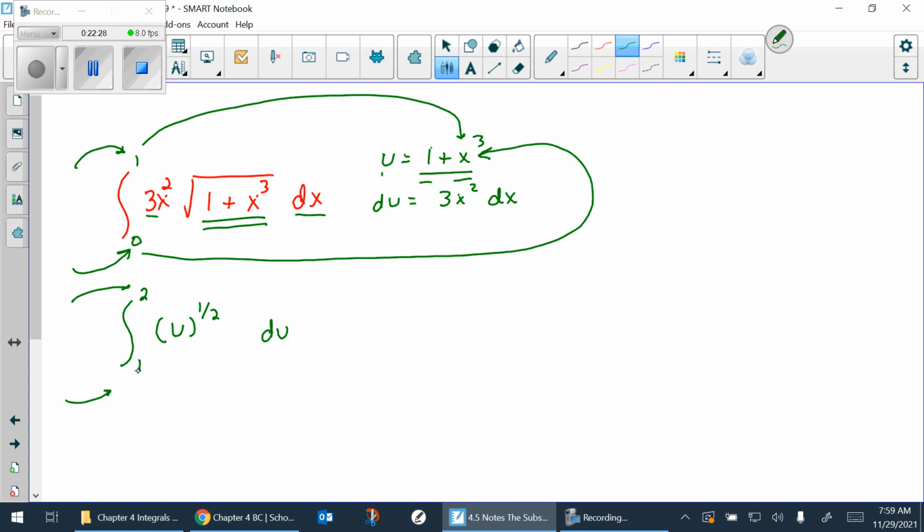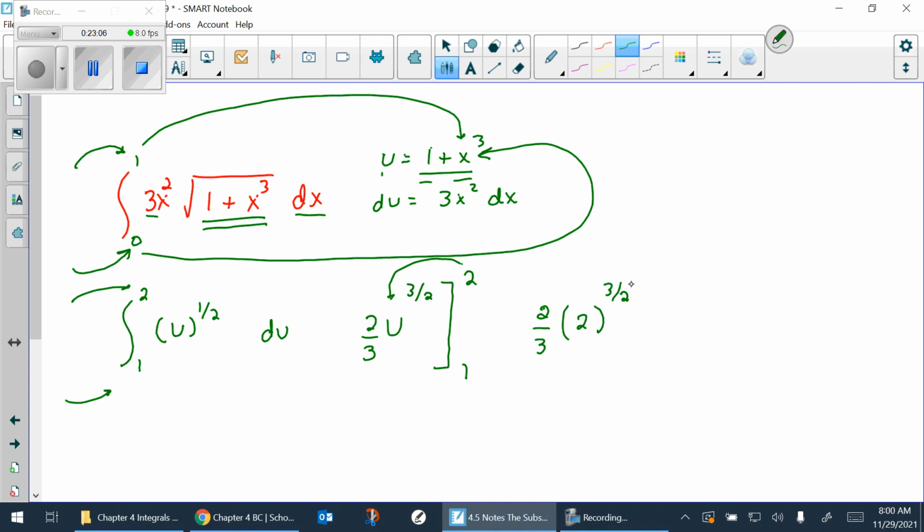If you have a definite integral, the starters do not go back in the game. When I take the antiderivative, I'm going to get u to the 3/2 times 2/3. I'm going to evaluate that at my new values of u. So I'm going to drop my 2 in here, and I'm going to get 2/3 times 2 to the 3/2.